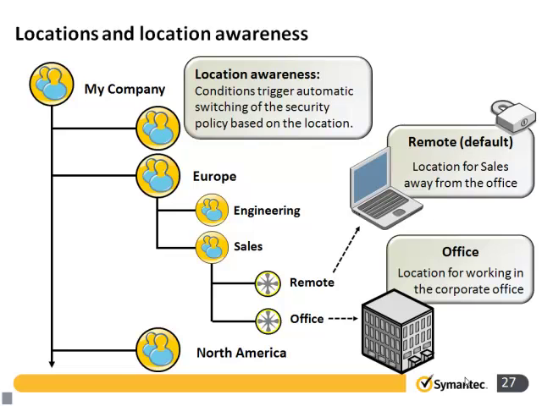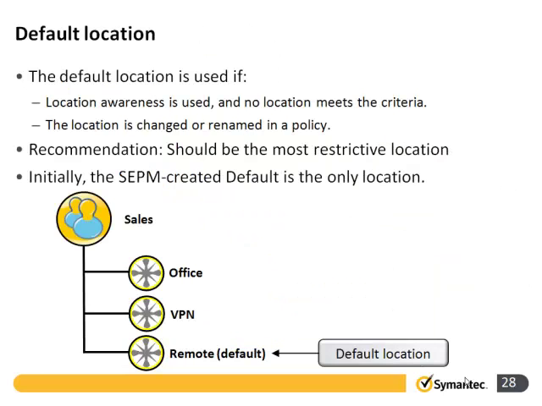You must always have one default location. There must always be one location there. And in this case, the remote one is the one that's been specified. So the default location would be used if location awareness is used and no locations meet the current criteria.